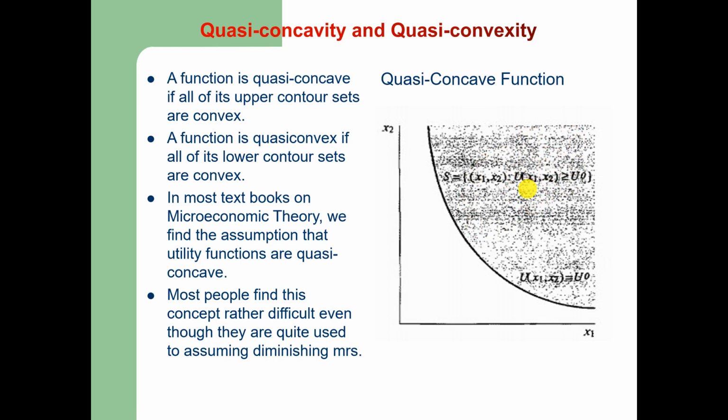In most of the textbooks on microeconomic theory, we find the assumption that utility functions are quasi-concave, and most people find this difficult to understand, although it is quite understandable and easily explainable, and they are used to assume that there is a diminishing marginal rate of substitution between these two goods. So that is why indifference curves are drawn in this way.